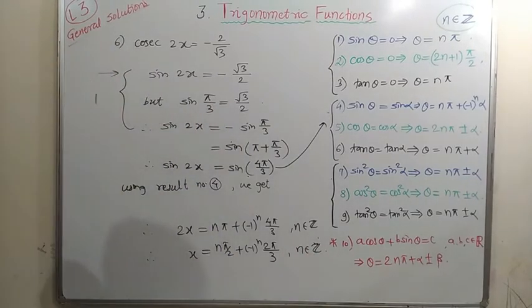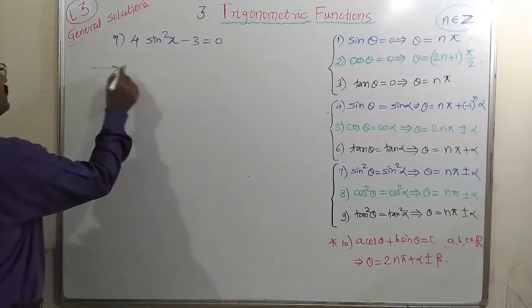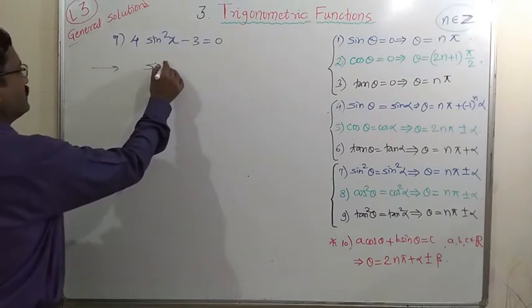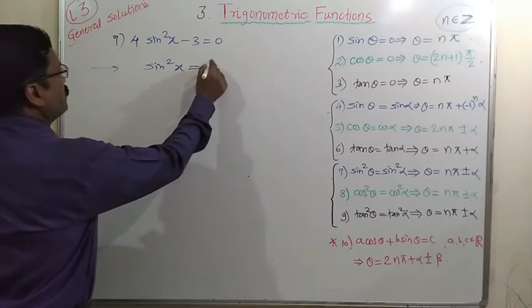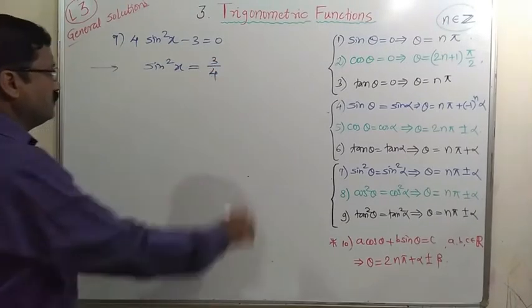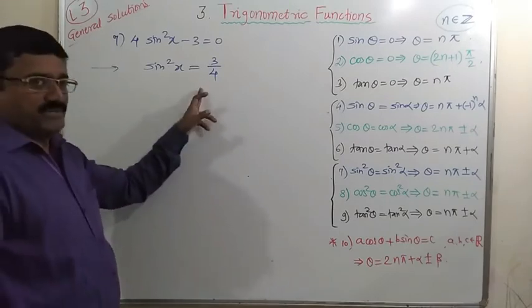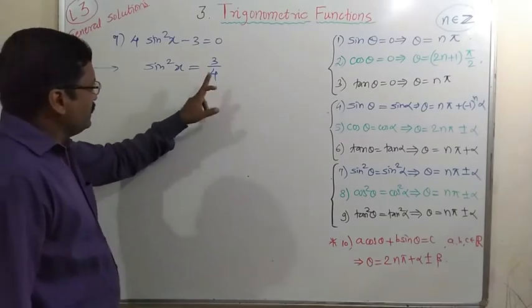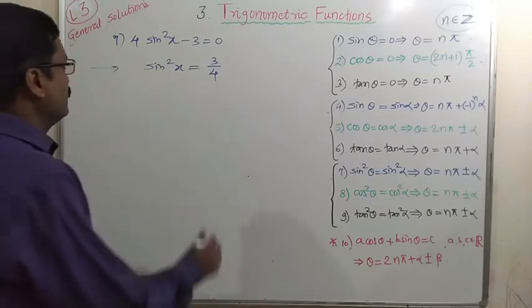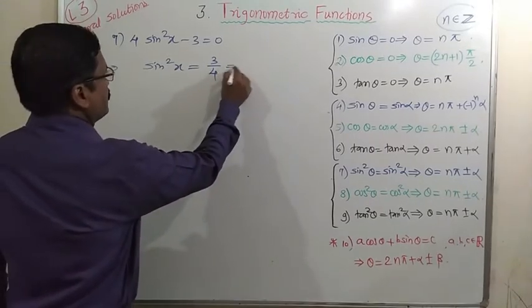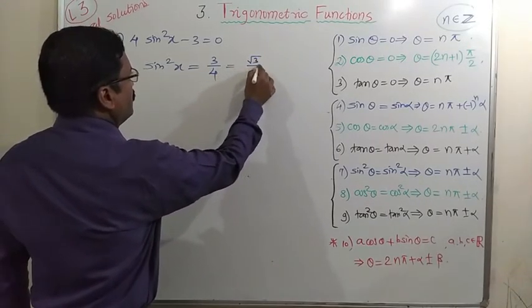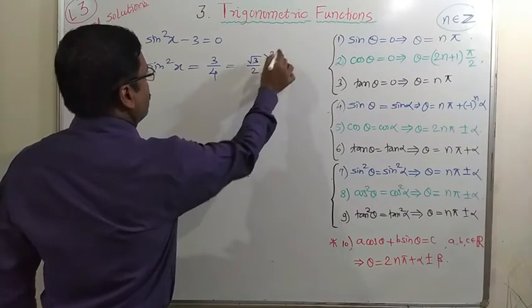Okay, right. The trigonometric function here is sine square x, and it is equal to 3 by 4. Whenever a square is given, don't take the square root of both sides. Write this in the form of a square, so that we get here root 3 upon 2 in brackets squared.